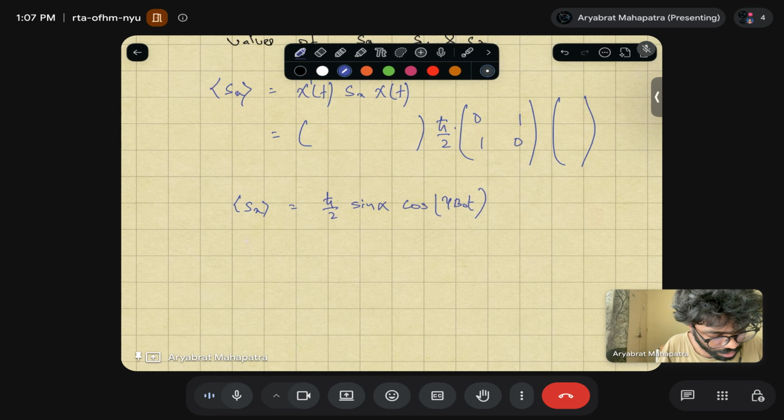In the same way, if you do Sy, you will get h bar over 2 again sine alpha, but sine gamma B naught t.